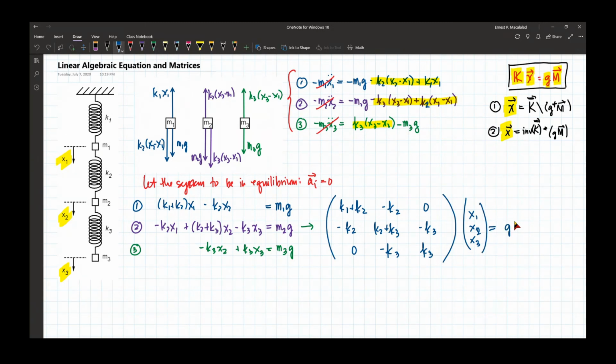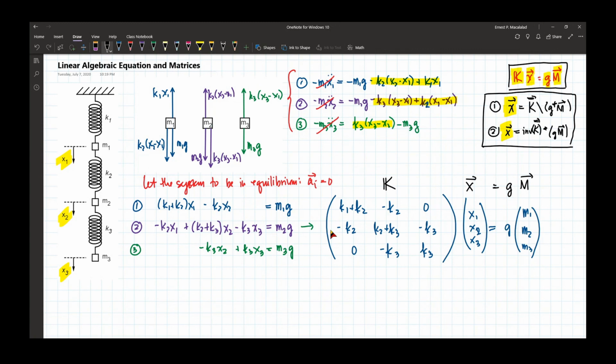And this is equal to g times m1, m2, and m3. Okay? So in this case, this will be our capital K matrix. This is your x vector, and this is your m vector. Then this is g. So this is your form. As I mentioned, this is now the solution to our x values.